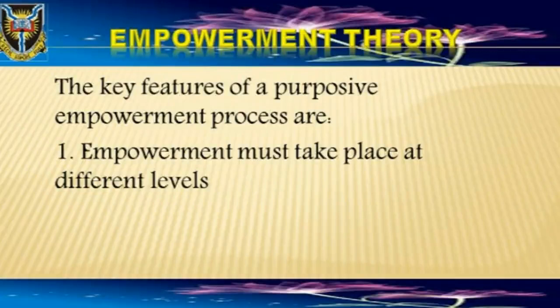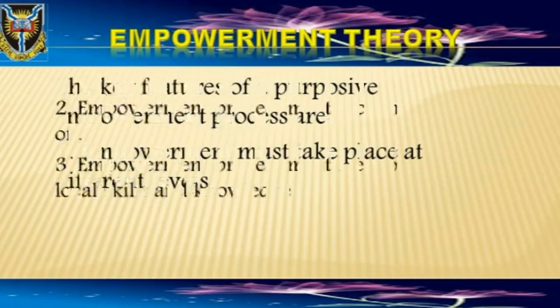The key features which a purposive empowerment process must underscore in any community development efforts are: 1. Empowerment must take place at different levels and must take into consideration the different interests of people in a community, such as age, gender, race, and so on.